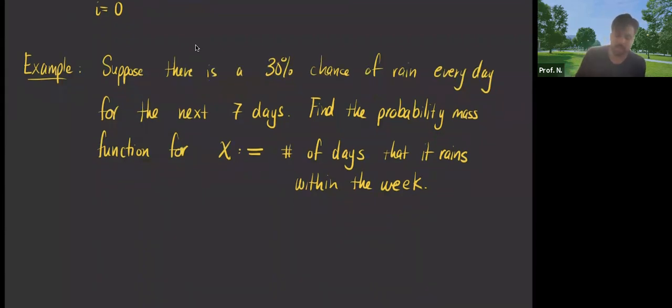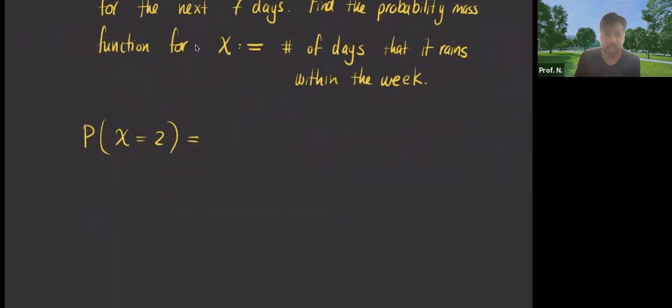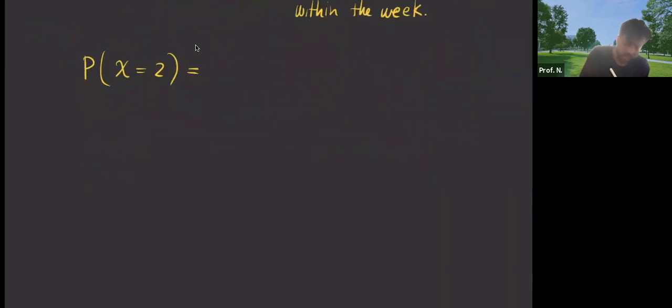So what are the different values for X? I can have the number of days that it rains to be 0, 1, 2 days of the week, 3 days, all the way to 7 days. So for example, what's the probability that I have 2 days that it rains? So what is X equals 2?